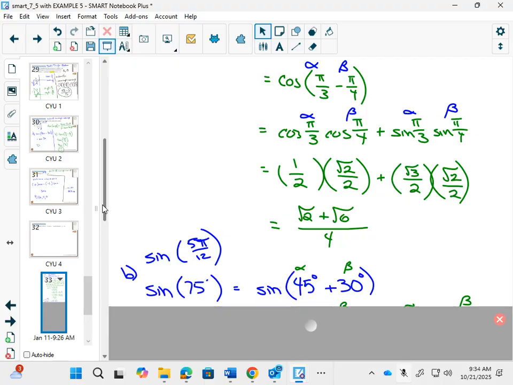If you have one in degrees, it's the same idea. Is there a way that I can add two values from my unit circle to make 75 degrees? Well, I definitely could use 30 degrees and 45 degrees.